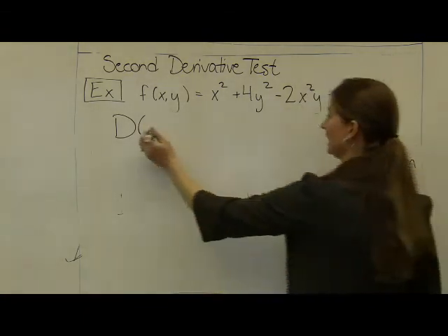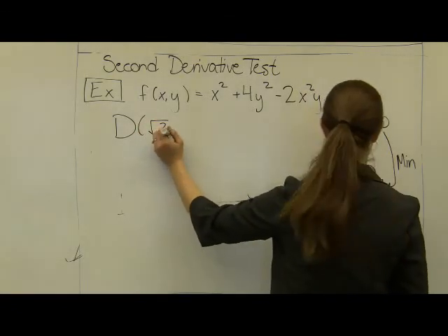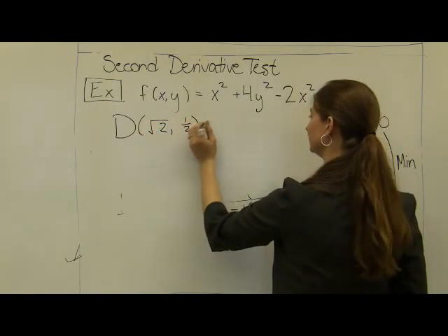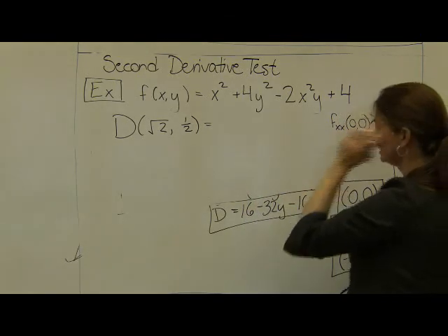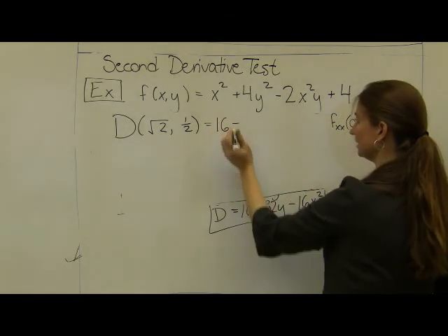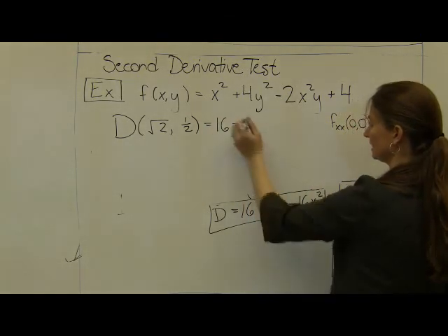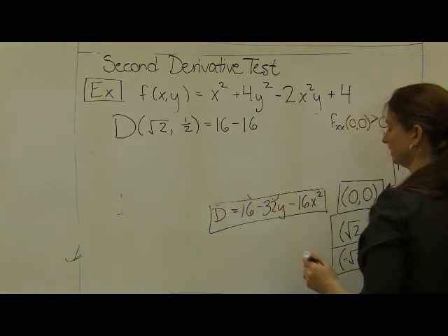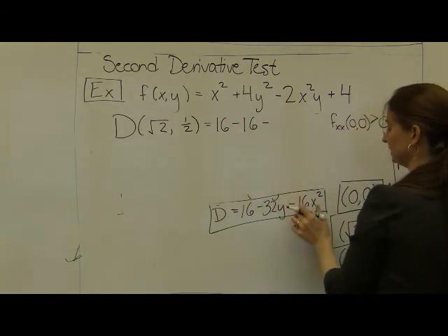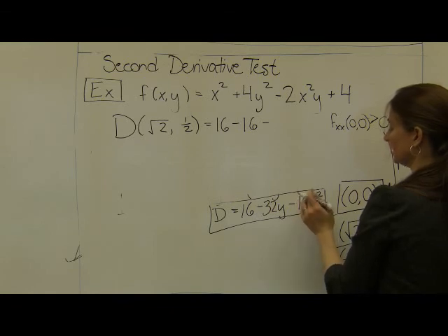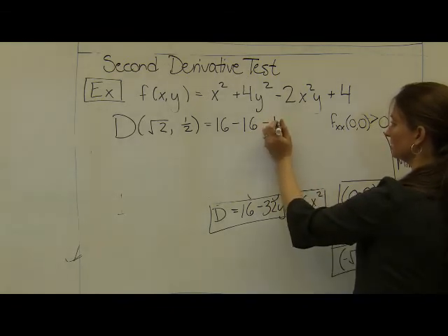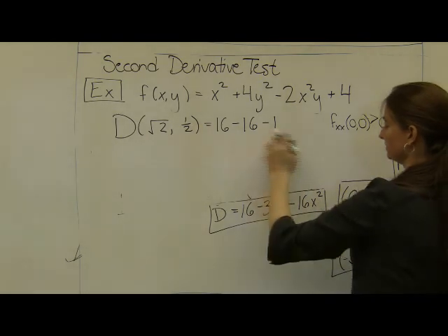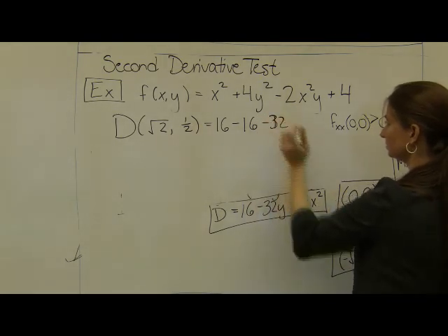Our discriminant at square root 2, 1/2 is going to be given by 16 minus 32 times a half, which is 16, minus 16 times x squared, which is 2, times 16 becomes 32.